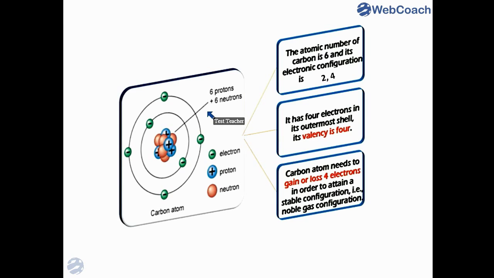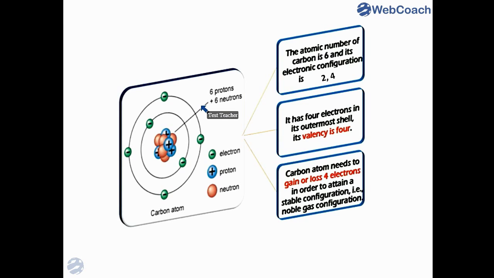Okay. So every atom will either accept electrons or donate electrons to reach a stable configuration, or a noble gas configuration. The noble gas configuration in the vicinity of carbon is neon.